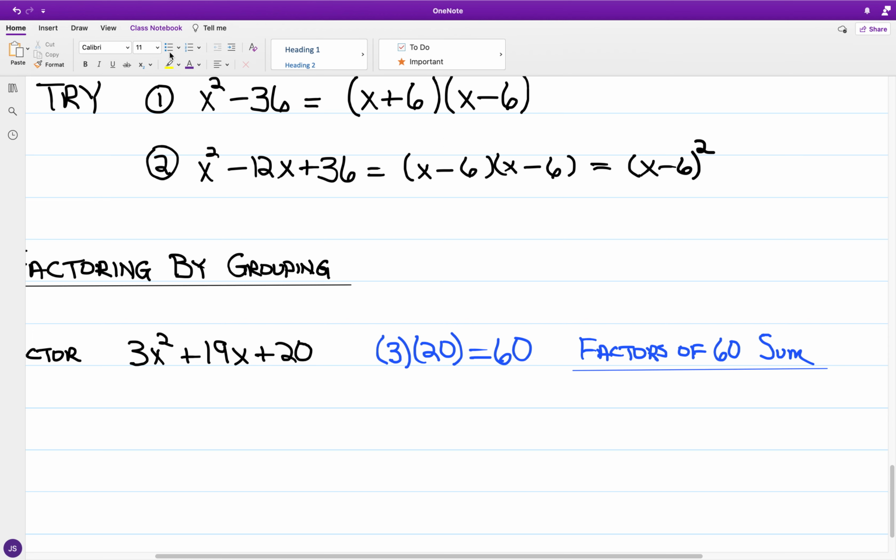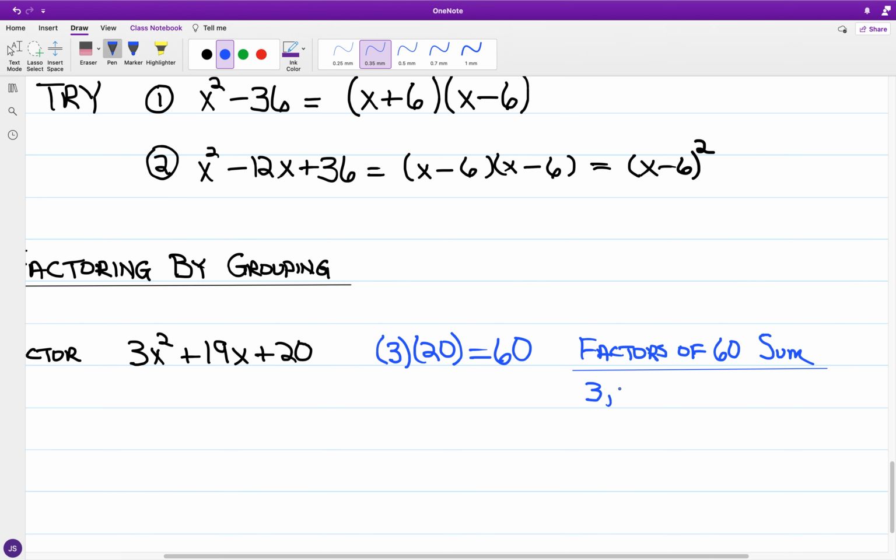Just to mention once again, we just involved 3 and 20. 3 times 20 is 60. However, 3 plus 20 comes out to 23, and we want the numbers to add up to 19. So 3 and 20 is not the combination.